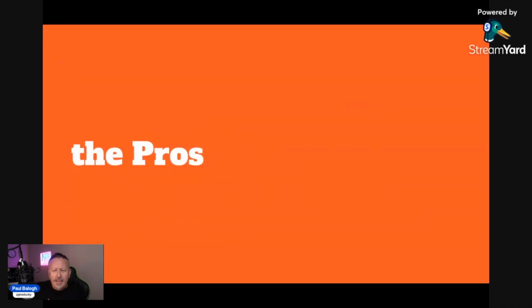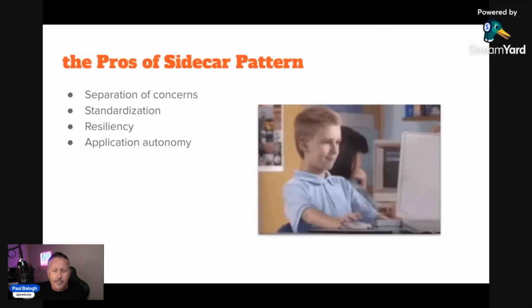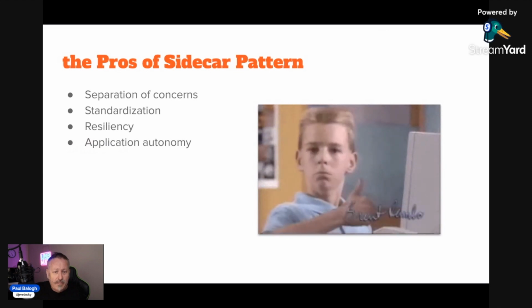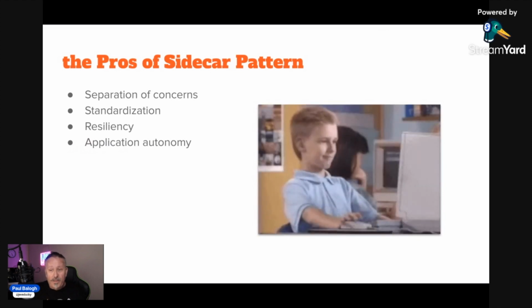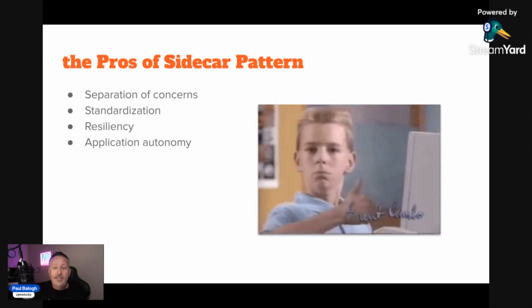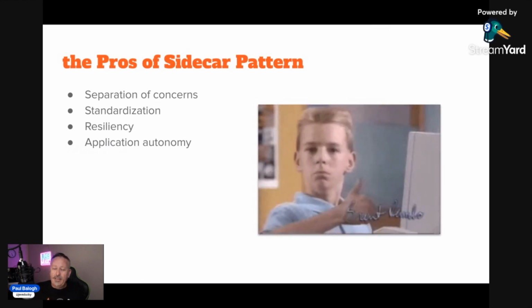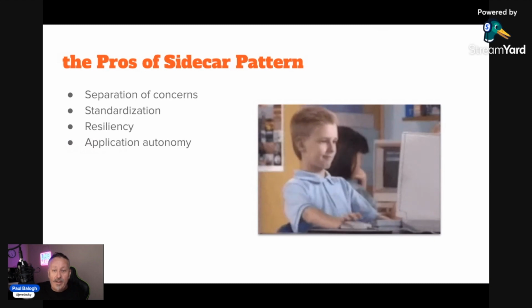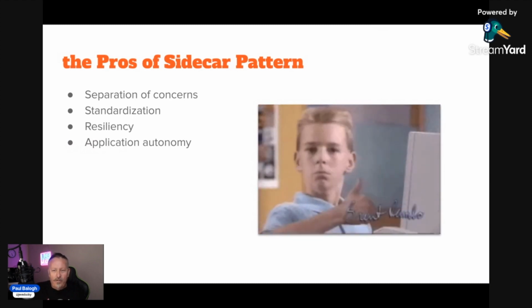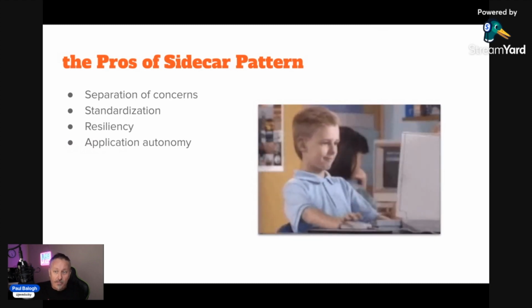Now, let's take a look at some of the advantages provided by the pattern. So, separation of concerns. This allows for specialization. This actually frees up the implementation of the sidecar to be independent of the application. So perhaps the SRE team is maintaining a sidecar responsible for pushing metrics into Prometheus.